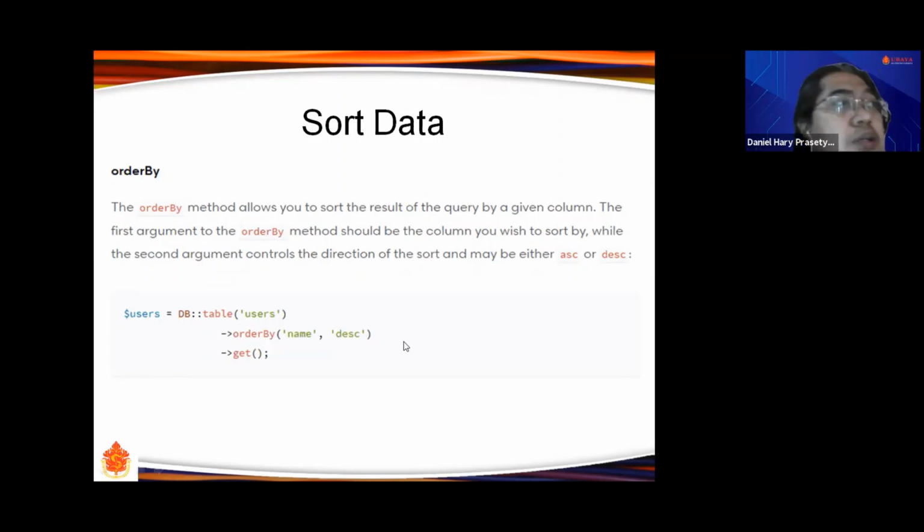Ascending means it will order alphabetically, A first and then Z, or by number, for example 1, 2, 3, with the minimum first, and with descending it will sort the maximum first.